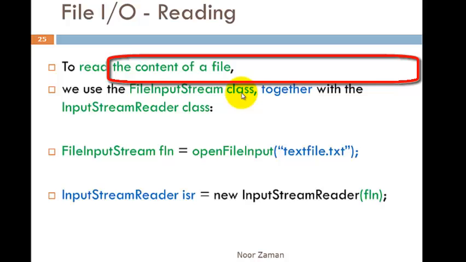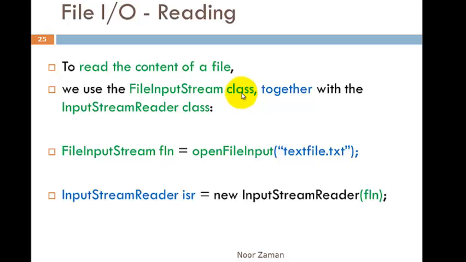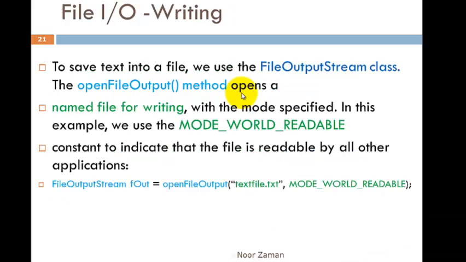Now our purpose for writing is done. For writing, we use a couple of things. For example, we use the FileOutputStream class and the openFileOutput method, and then we pass the two parameters: the file name and the mode in which we want to write our file.